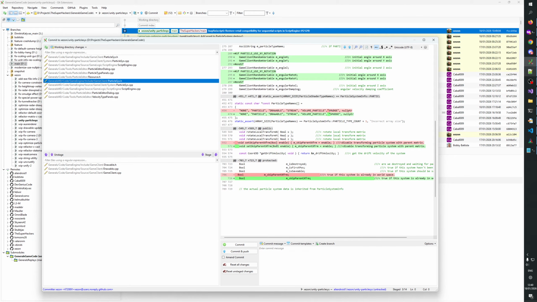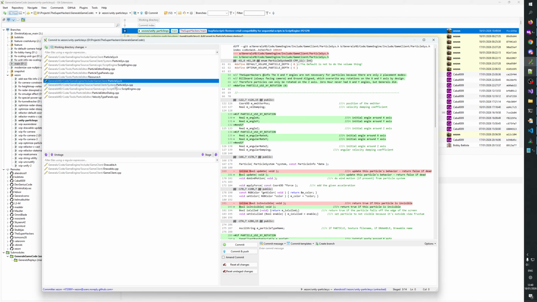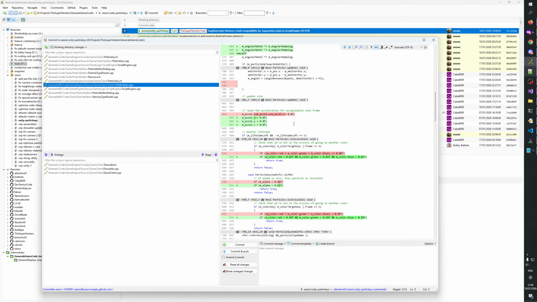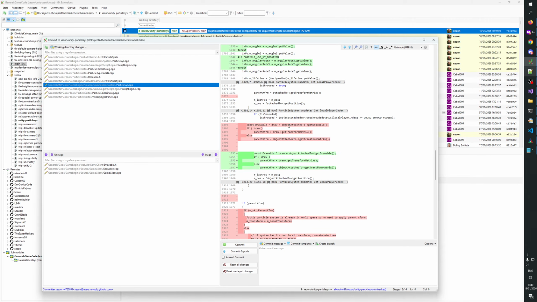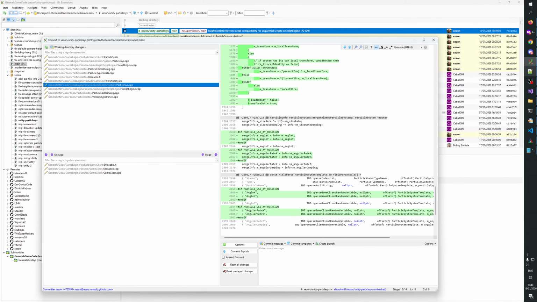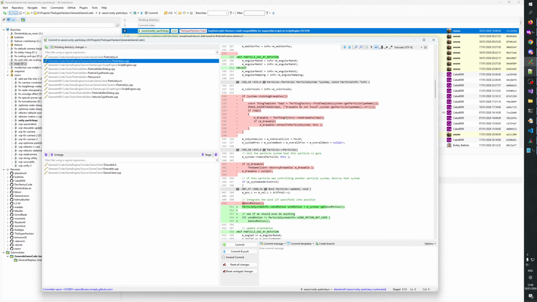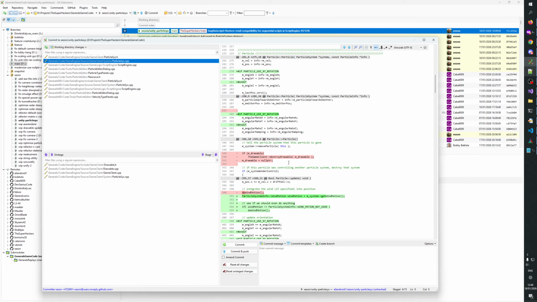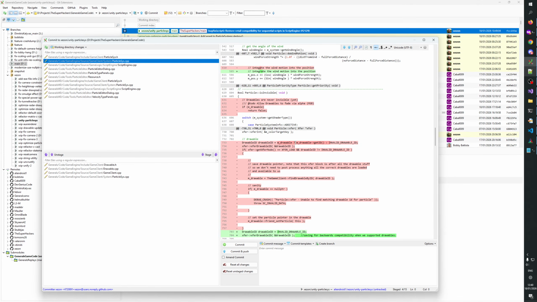Then we take not these, and then we take here. We take out this guy.